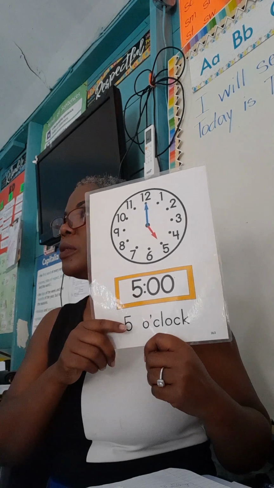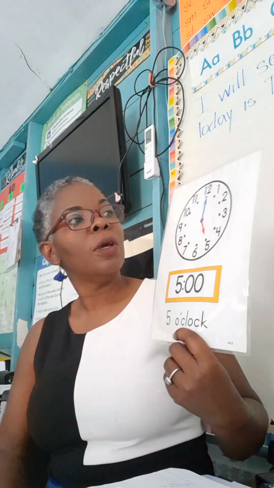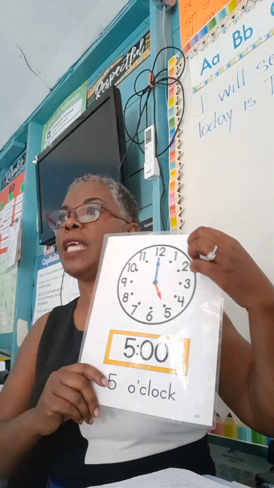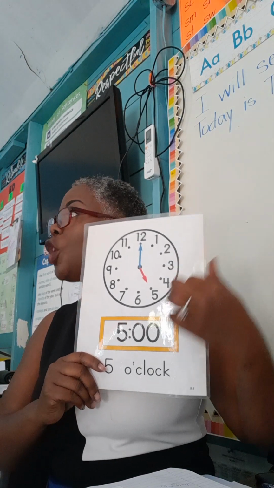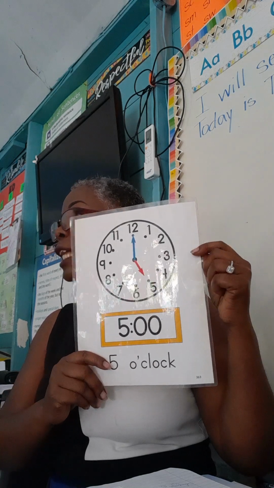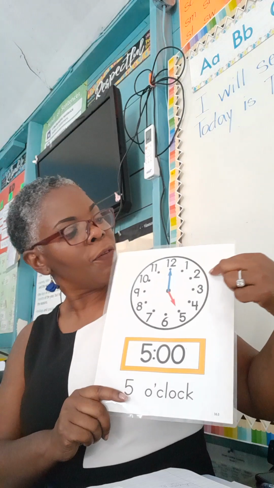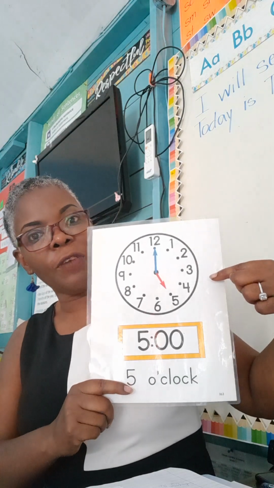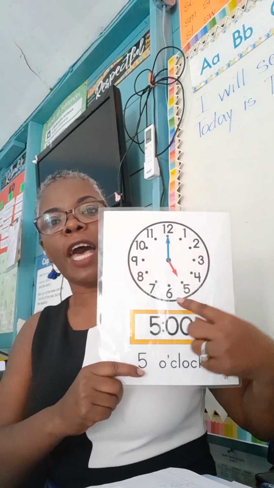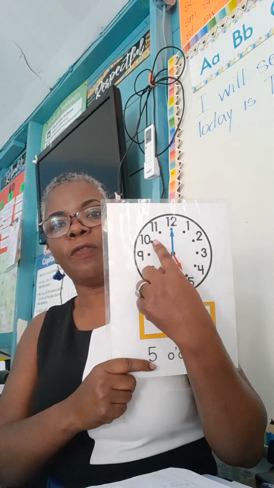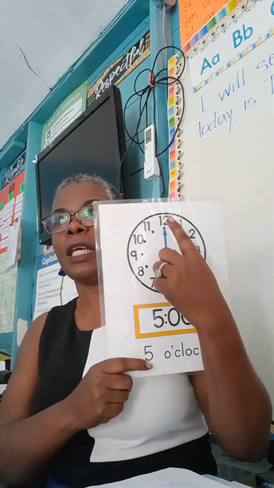There are 60 minutes in an hour. So to save time, we count each of the hour numbers by 5 to get the minutes. So let's go. 5, 10, 15, 20, 25, 30, 35, 40, 45, 50, 55, 60.